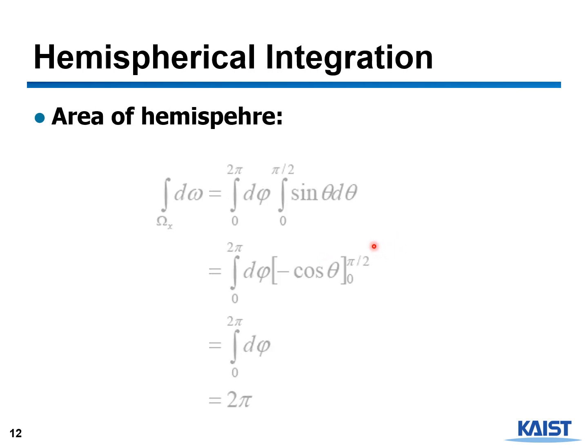We can compute the area of the hemisphere using this hemispherical integration method. We just integrate this solid angle over all the hemispherical space.